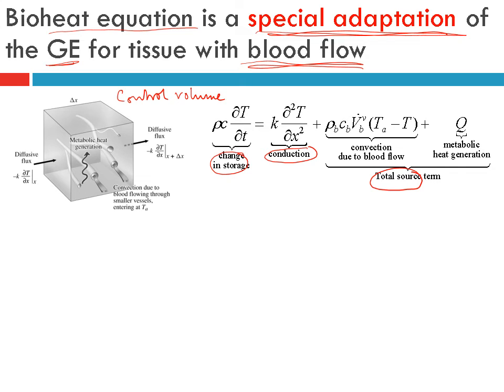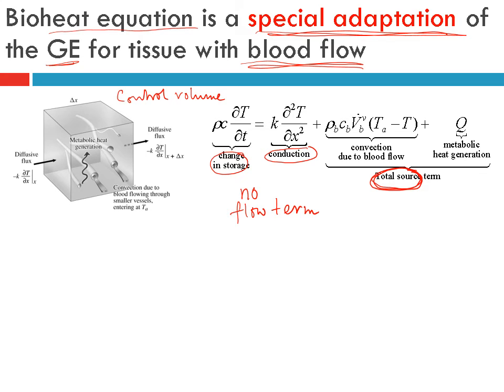So we have removed the flow term here. Now you may wonder, what happened to the flow term? We have blood flow. Well, that effect is included in this total source term. How?